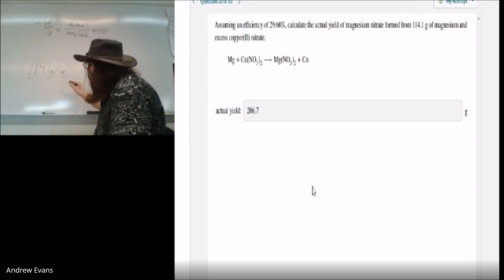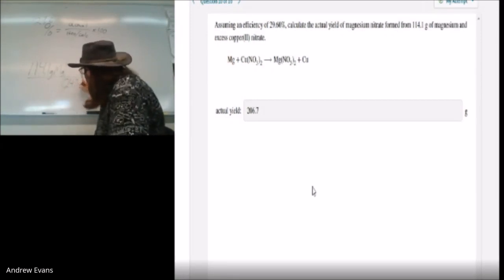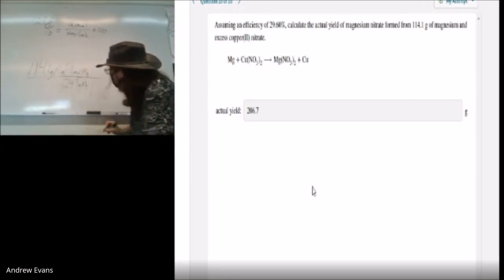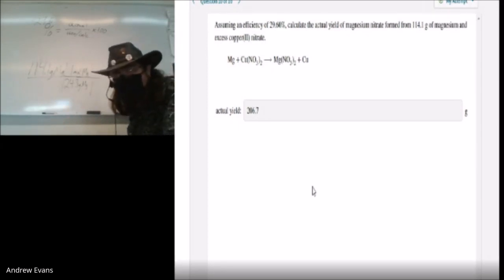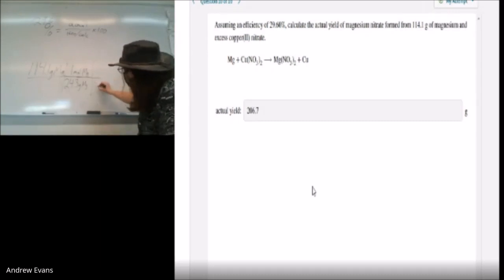Now, looking up the periodic table, the mass of magnesium is 24.3 grams of magnesium for 1 mole of magnesium. So now, for every 1 magnesium, we get 1 magnesium nitrate based on the balanced chemical equation.